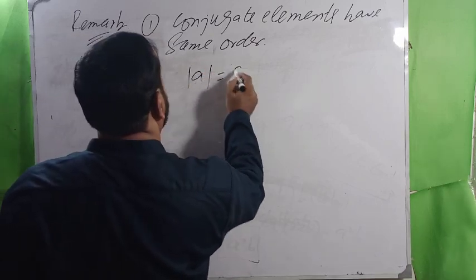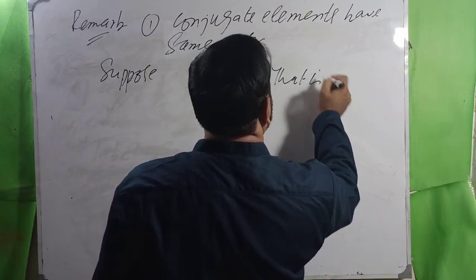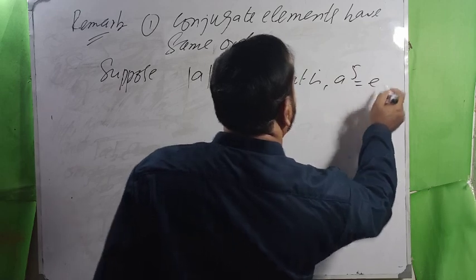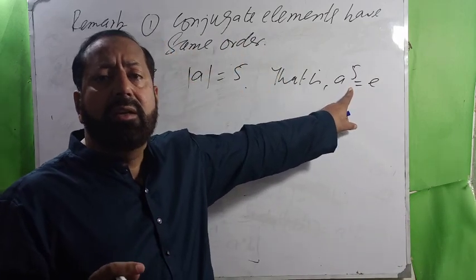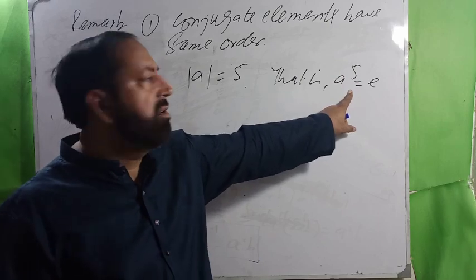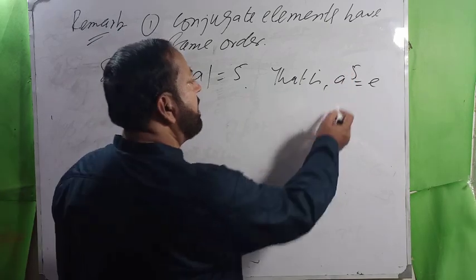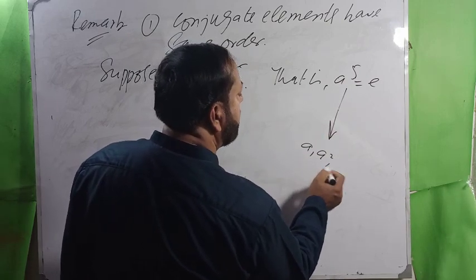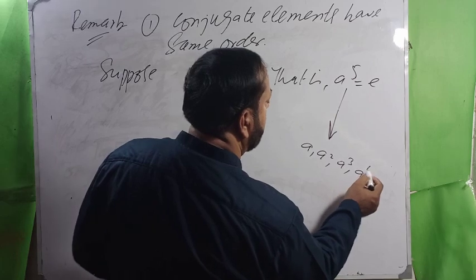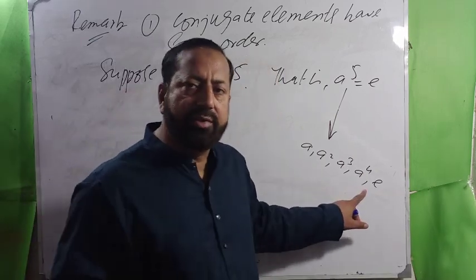Suppose the order of A is equal to 5, that is A^5 is equal to E, with 5 the least positive integer. This means that you cannot find E before this power 5. This means that A, A square, A cube, A^4 and E are distinct elements.